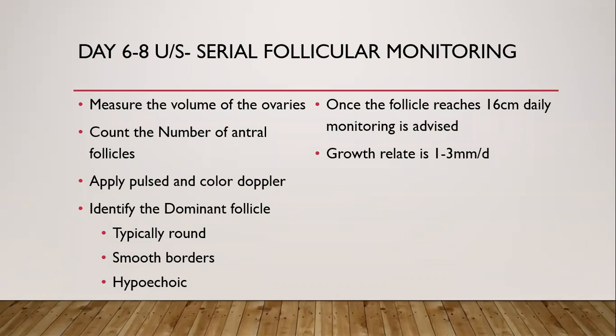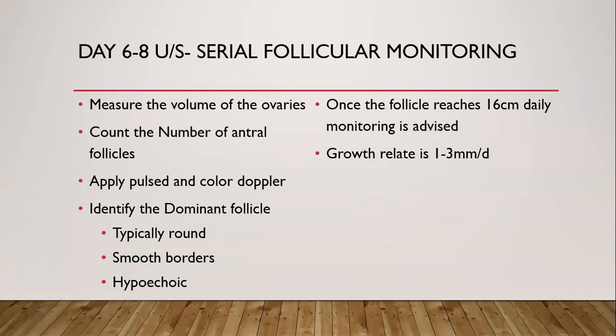You need to measure the volume of the ovaries again, bilaterally. You measure the left, you equally measure the right. Count the number of antral follicles. Very important. I know the follicles could be many, but we need to count them. The gynecologist needs the number of follicles that we are seeing on ultrasound. Regardless of the size, we need to number them.